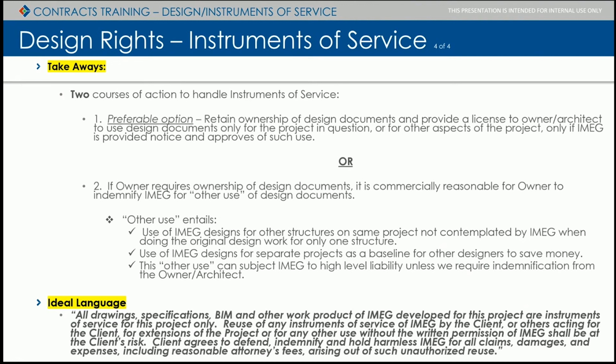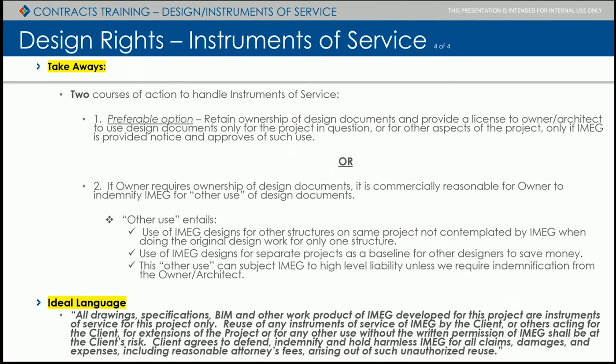Now, if the owner, or a client rather, it's usually the owner, balks at indemnifying us for anything, then what I advise is to get something in there that says this is for this project only.